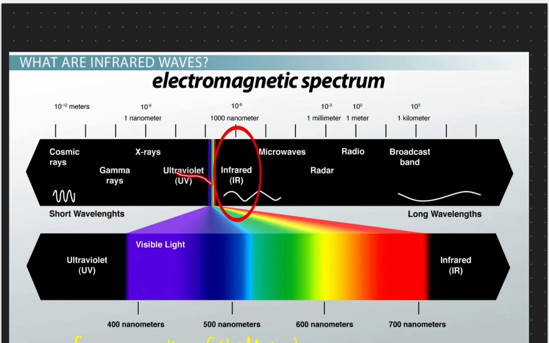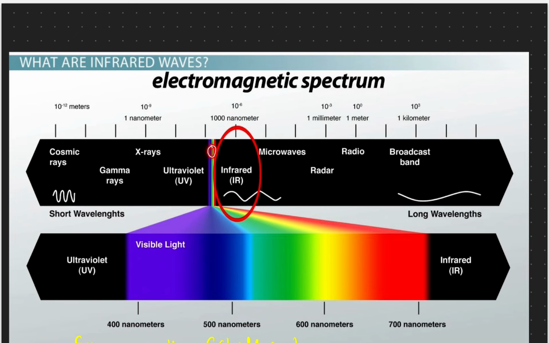To the left you have UV light, and UV light has a smaller wavelength. You see here, this one is a short wavelength and this one has a longer wavelength. Short wavelength means higher energy. So compared to visible light, UV has more energy.